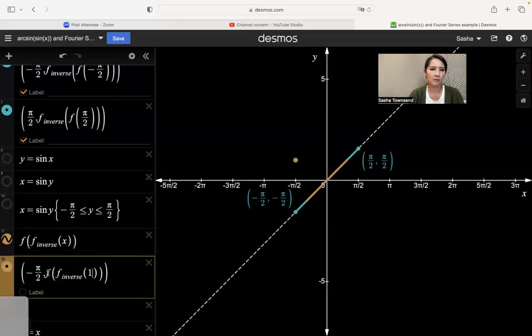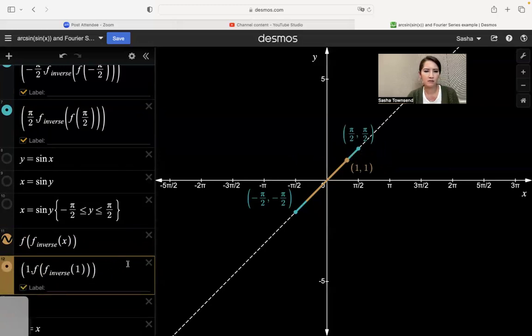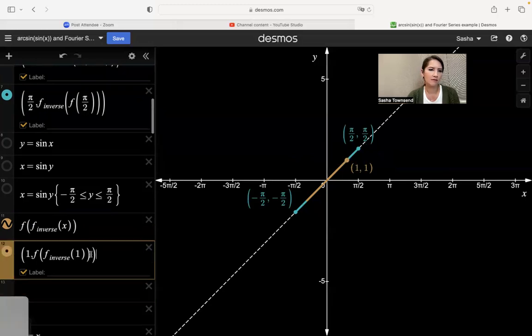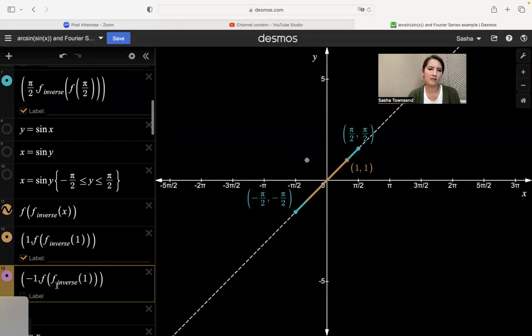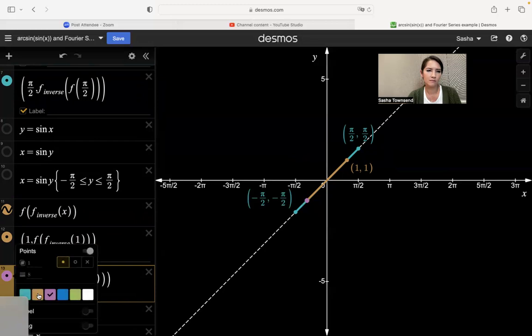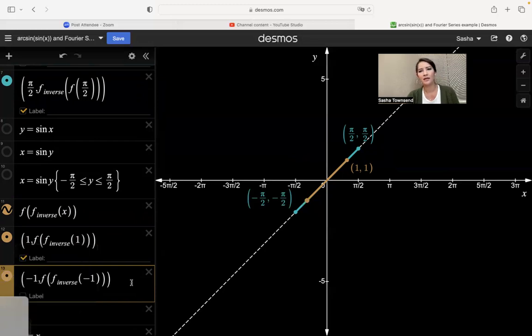So we'll evaluate this at 1. Get that point. Evaluate this at -1. Get that point. And so that's what happens if you take f of f inverse and f inverse of f of x.